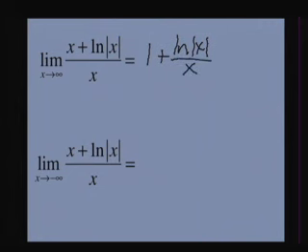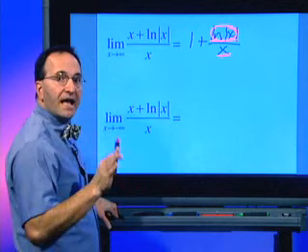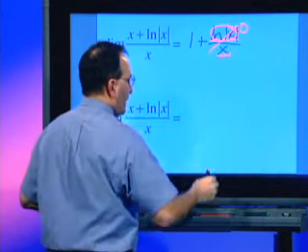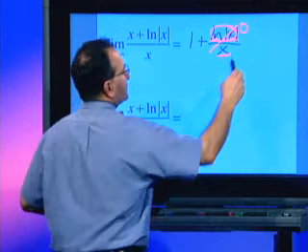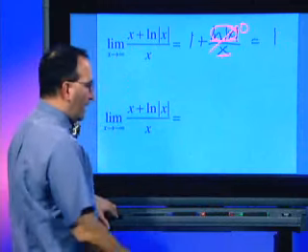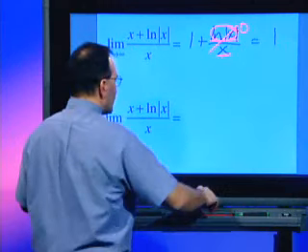Now, as x goes to infinity, it is true that both x and log of x go to infinity, but the log of x goes much more slowly than x does, and therefore this will go to 0. And that leads us to say that this limit is equal to 1. All right, so let's look at the bottom one.